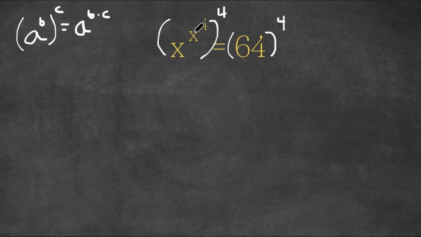Because in this case, x to the power of 4 is b, and 4 is c. So this would equal x to the power of x to the power of 4 times 4. And this is still equal to 64 to the power of 4.